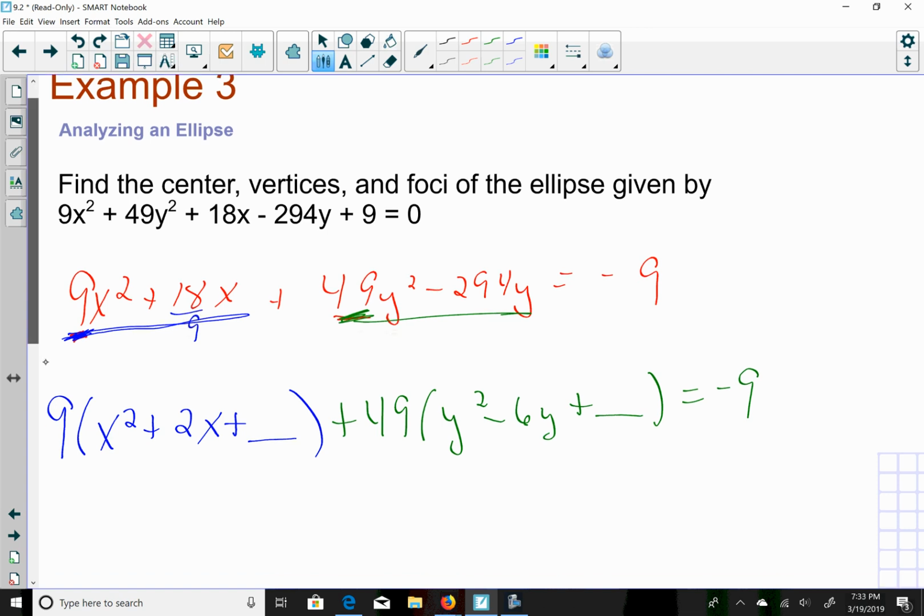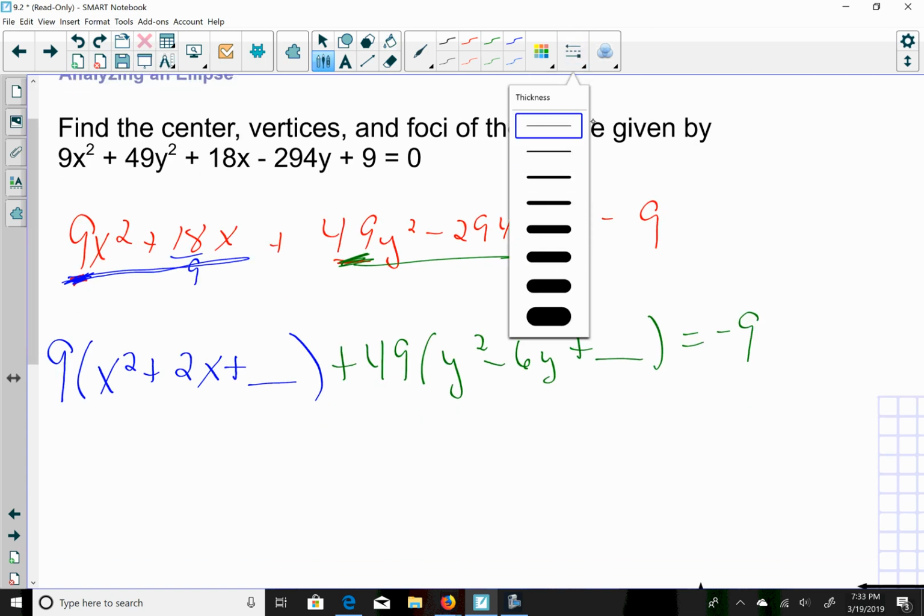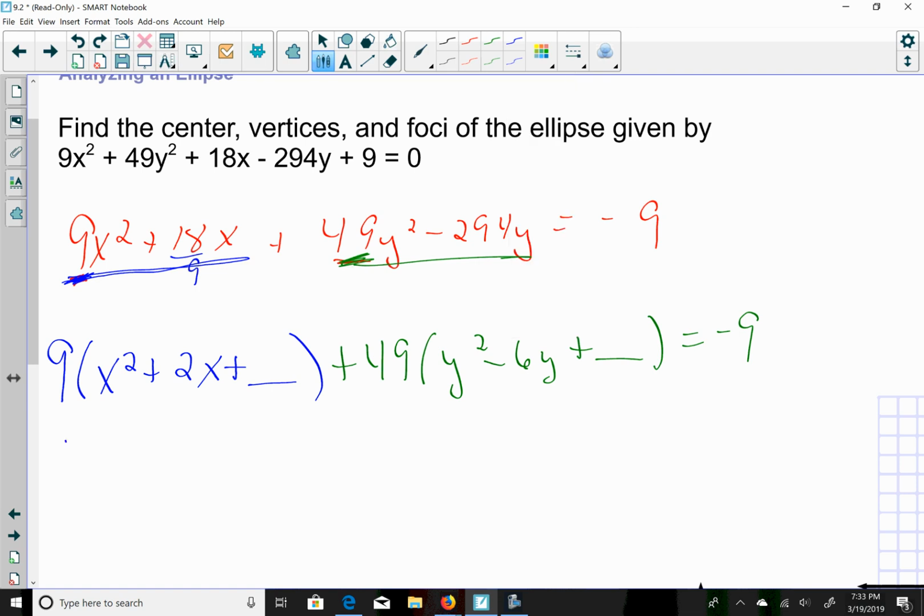Now I'm going to complete the square just like I did before with one extra little step, and it's really not that big of a step. I'm going to copy this 9 down. x, whatever this sign is, this is a plus sign, so I'm going to write a plus sign. Half of 2 is 1, so I'm going to write a 1 here. 1 squared is 1.